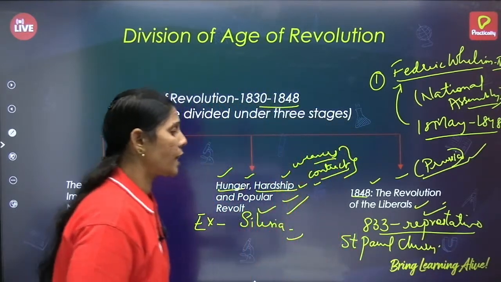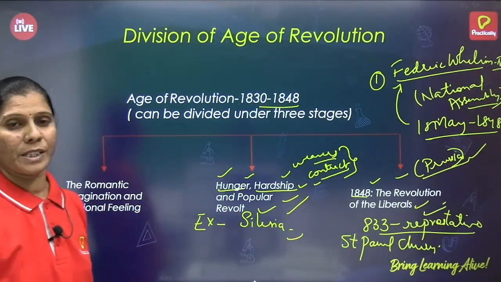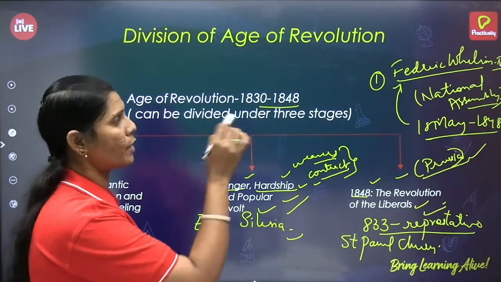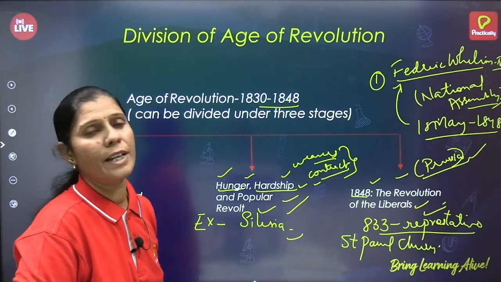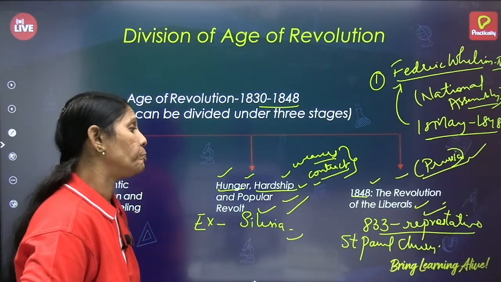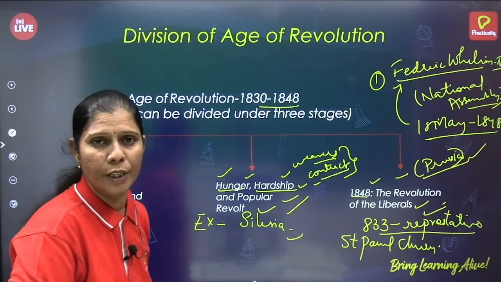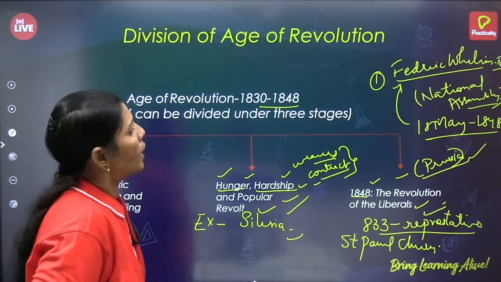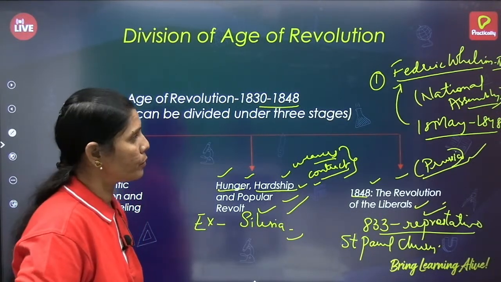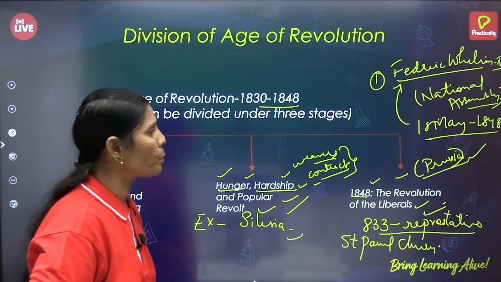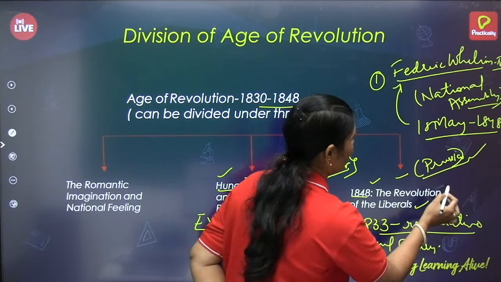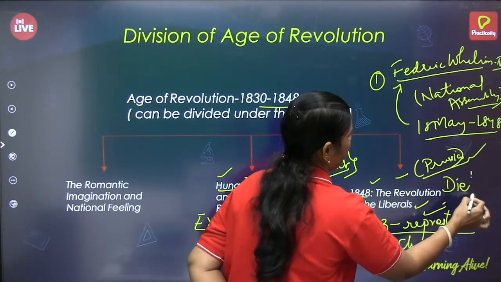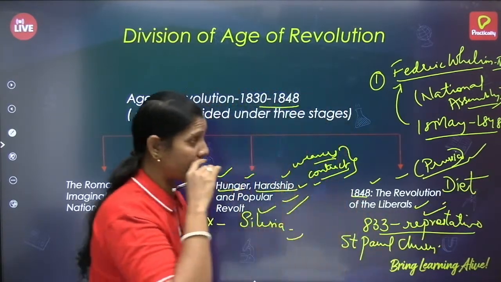In St. Paul Church, 833 representatives gathered, and they offered a king post to Frederick William IV, but he rejected it, and the National Assembly continued under the name of National Assembly. So one more point to be noted here, in Prussia, the German parliament was called Diet. Point to be noted, children.